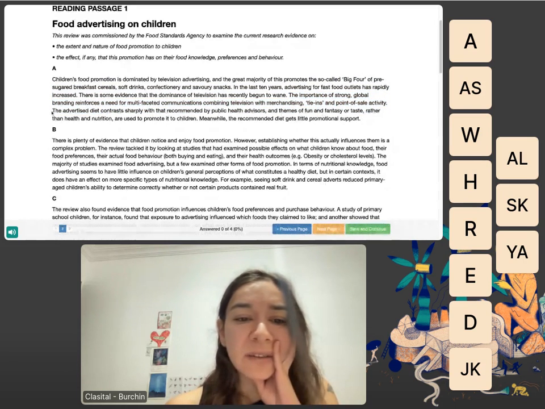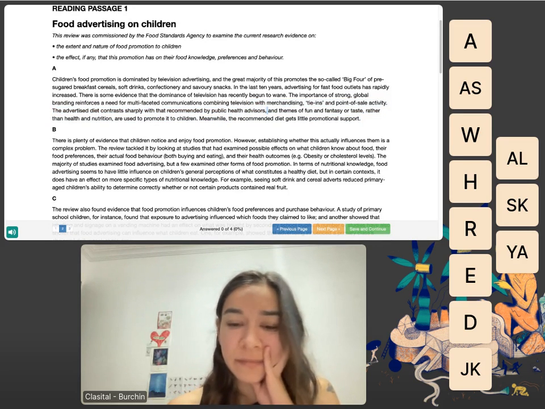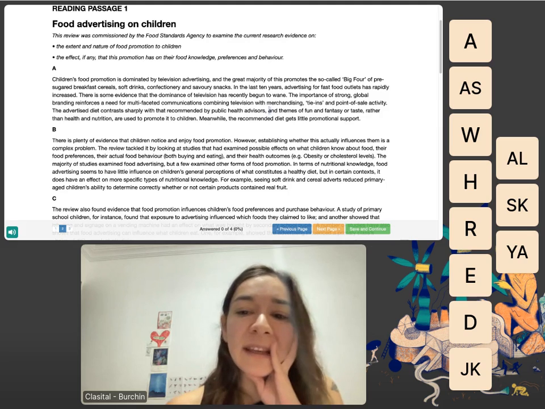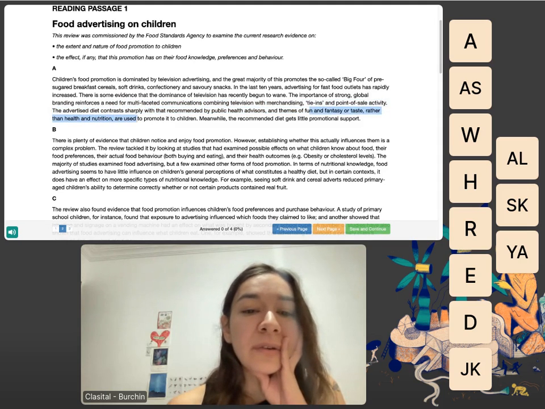The advertised diet contrasts sharply with that. Mhm. The advertised diet contrasts sharply with that recommended by public health advisors. Keyword and themes of fun and fantasy or taste rather than health and nutrition are used to promote it to children.